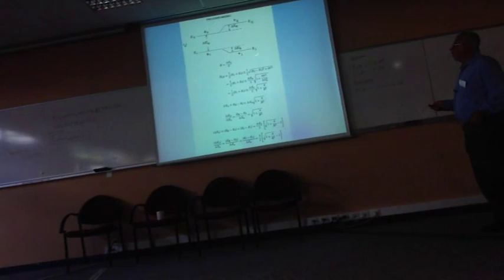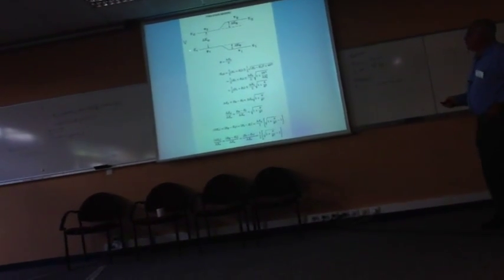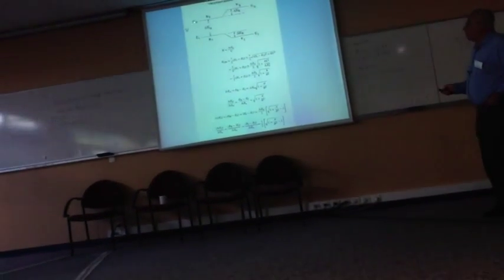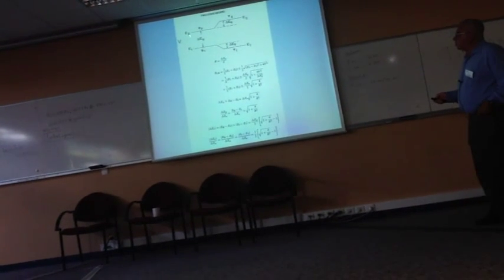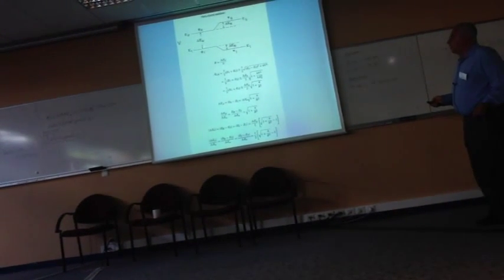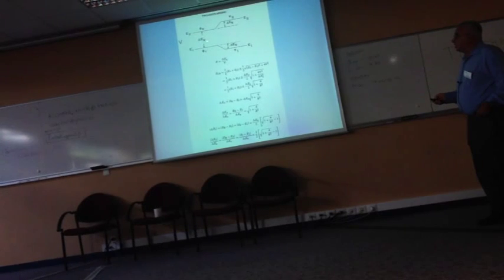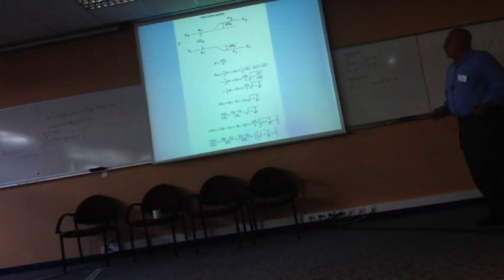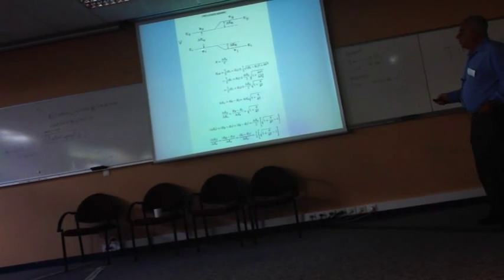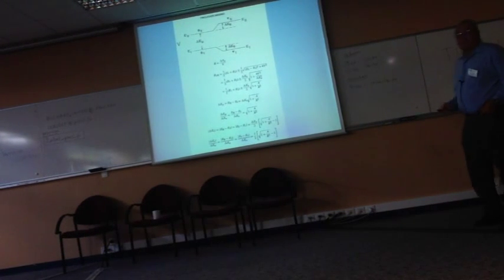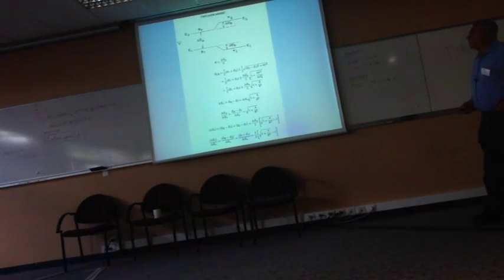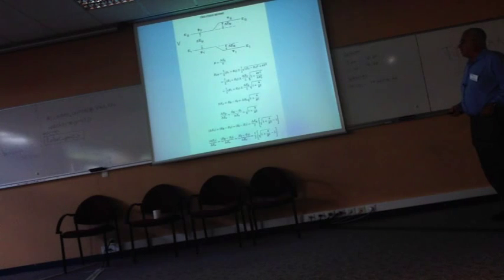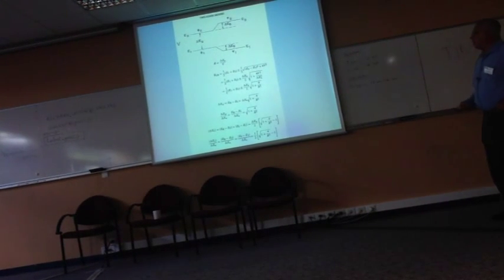Okay, so here's the problem we want to solve. I have two levels called E1 and E2 with Arabic subscripts, and they have an unperturbed energy spacing delta E unperturbed. They have unperturbed wave functions phi 1 and phi 2. Okay, now I assume that they interact with some interaction V. Okay, and what happens?